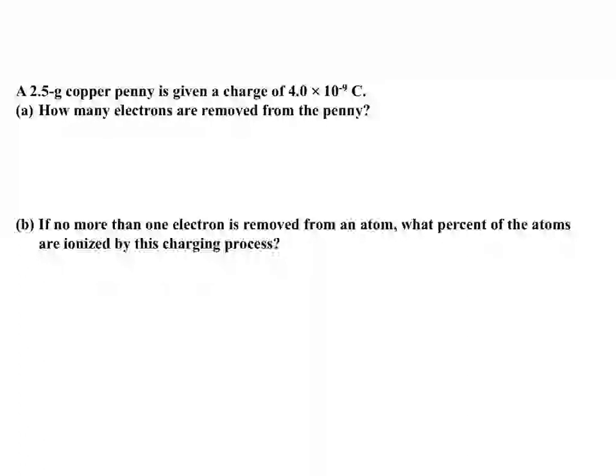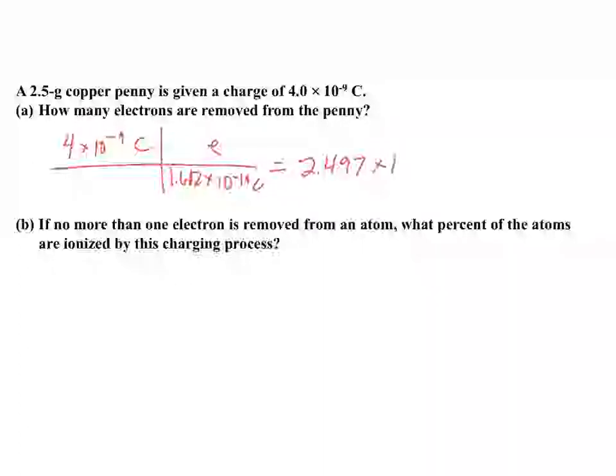So for 4 times 10 to the minus 9 coulombs, at 1.602 times 10 to the minus 19 coulombs per electron, you will get 2.497 times 10 to the 10th electrons. So we keep getting something in the 10 billion range, which shouldn't be surprising.